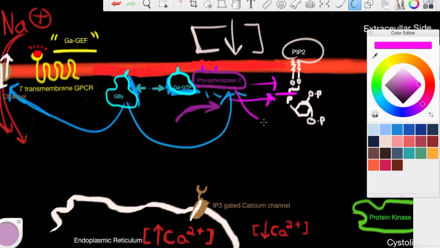However, we need to remember that PIP2 is kept at low concentrations on the cytosolic side of the plasma membrane. But it's still really important to understand that there could be 2 targets for this signal cascade, that being an ion channel and PIP2.